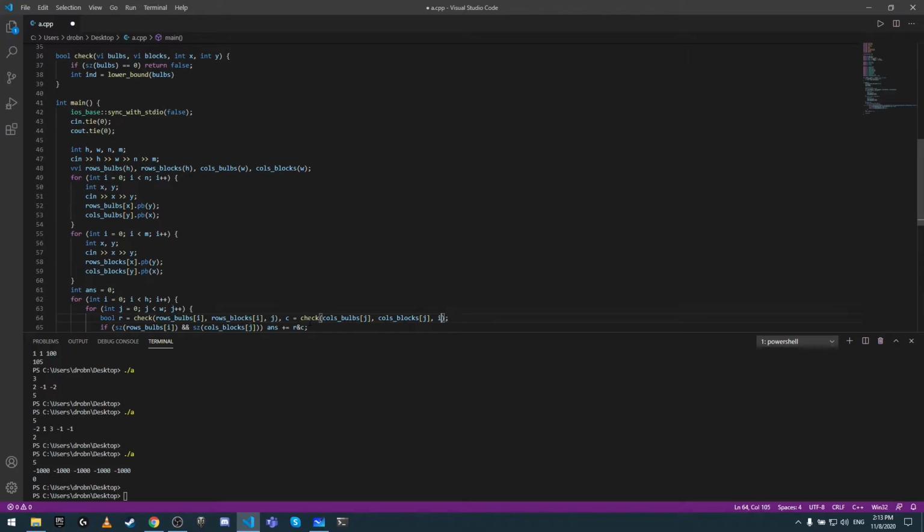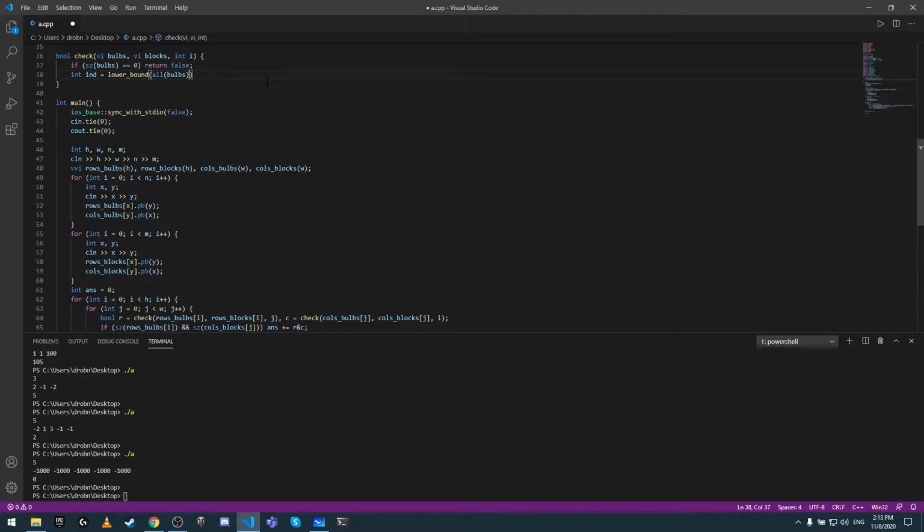And here only I. So we need to pass all bulbs I. So now what cases can happen?